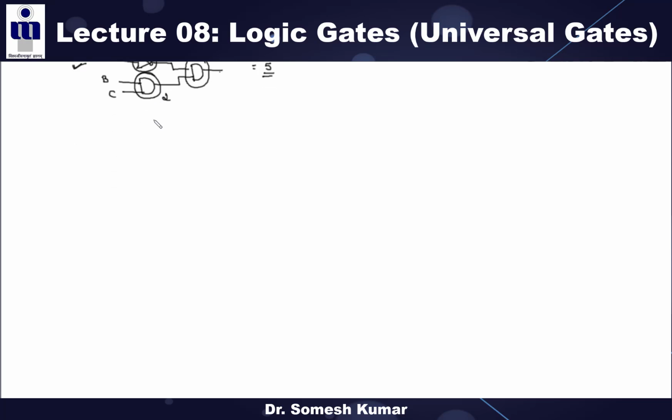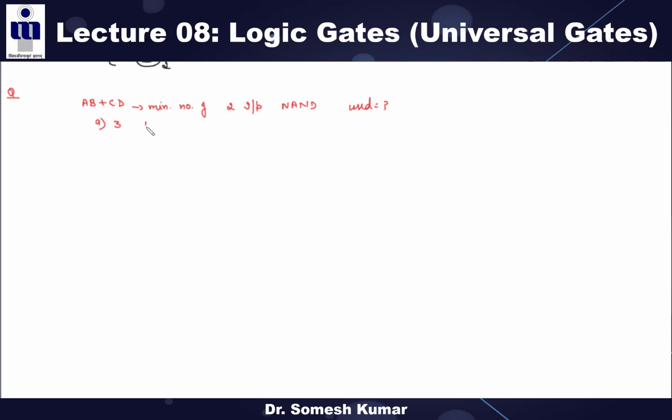So, the next question is, to implement AB plus CD, the minimum number of two input NAND gates. So, to find out, can you tell me which one is the correct answer?